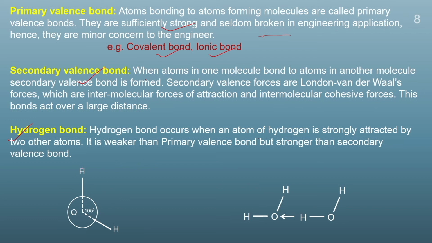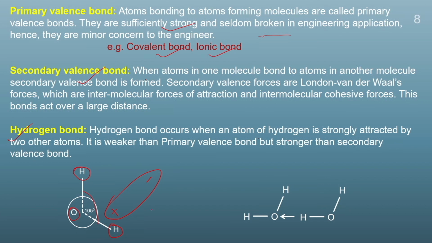As I discussed earlier, in a water molecule, two hydrogen atoms bond with an oxygen atom, forming an angle of 105 degrees, and because of this they form a dipole in which there will be a positive pole and a negative pole.